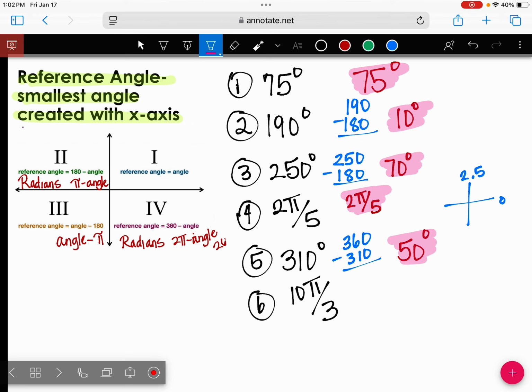What are you counting by? What's half of your denominator? 1.5. So go ahead and count around by using that 1.5. We've got a quiz a week from today, so I'm a little nervous. At this point, we should be spitting out these quadrants a little quicker.